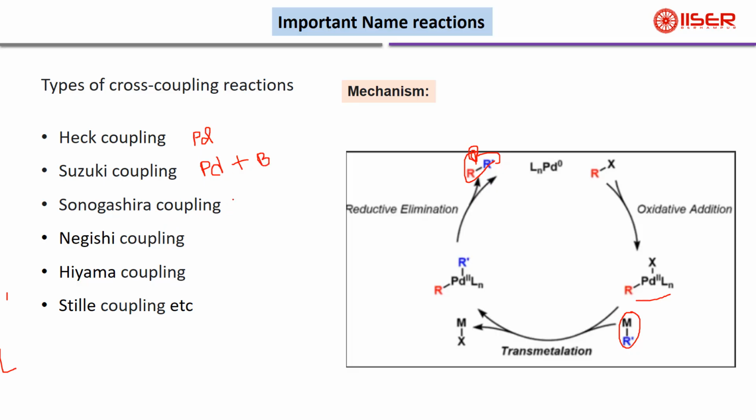Next is Sonogashira, where we use palladium along with copper. In Negishi, we usually use zinc as the transmetal.